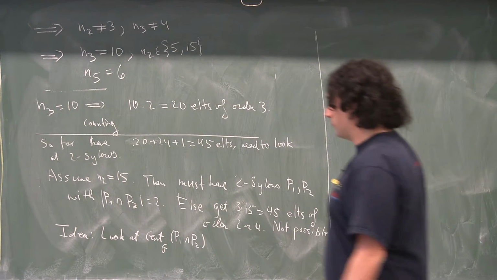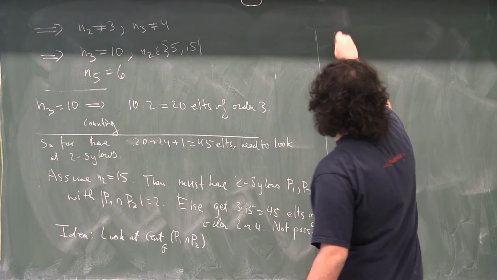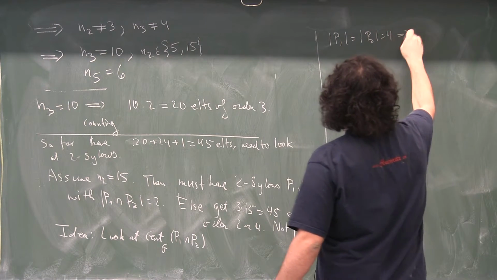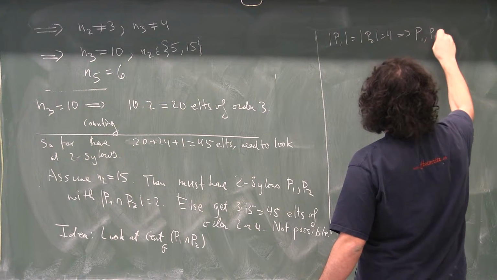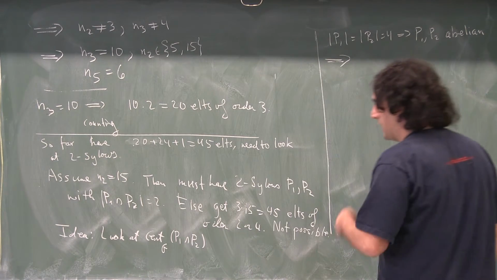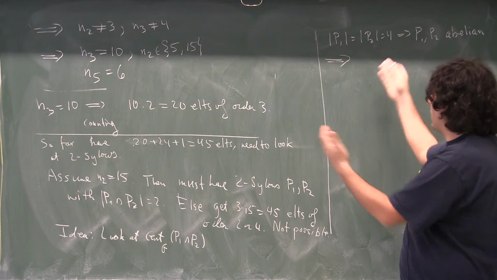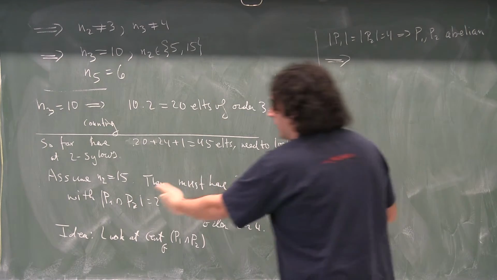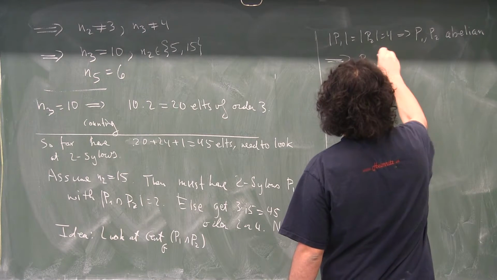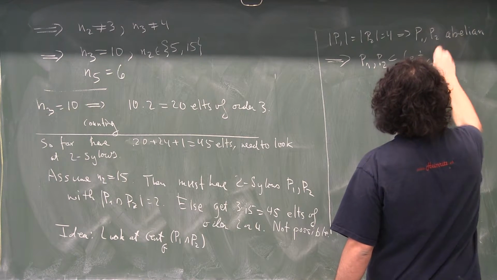Well, the order of P1 is the order of P2 is 4, which implies that P1, P2 are abelian. This implies that all the elements in P1 and P2 commute with one another. So in particular, they commute with the elements in P1 intersect P2. So P1 and P2 are both subgroups of the centralizer in G of this intersection.